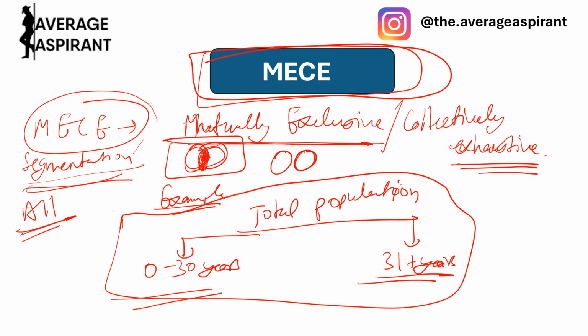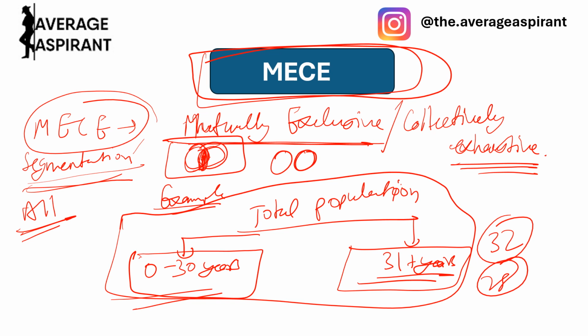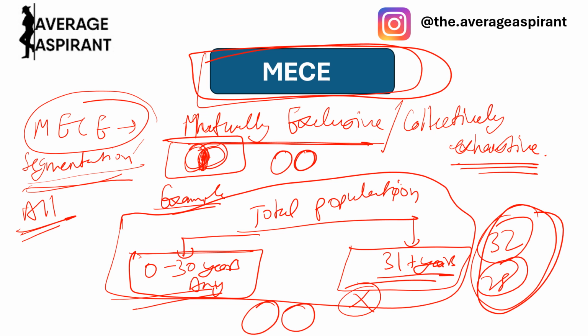What does it mean? No one coming in this segment will overlap with someone in this segment. So a person will either be 32 or 28 years old. It cannot be both 32 and 28, right? So anyone coming in this particular segment will not come in this segment. So these do not overlap. This is what is meant by mutually exclusive.